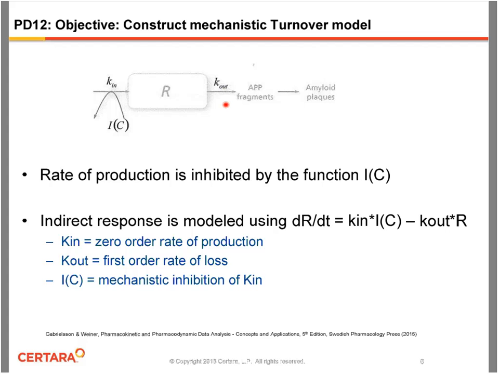And since we want a drug mechanism of action, that's going to be modeled by this inhibitory function, I of C, mechanistic. And in this case, what we're doing is we're inhibiting the production, the K in. So the inhibitory function acts on K in to inhibit it.